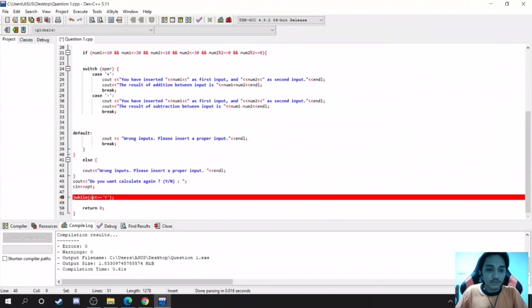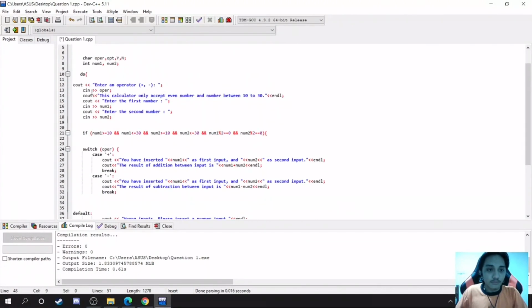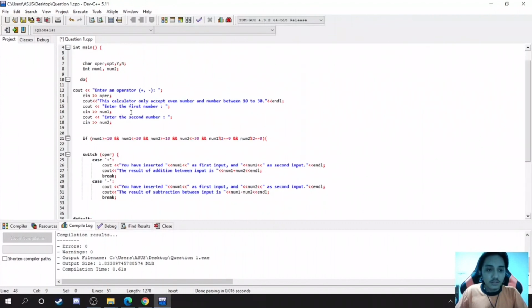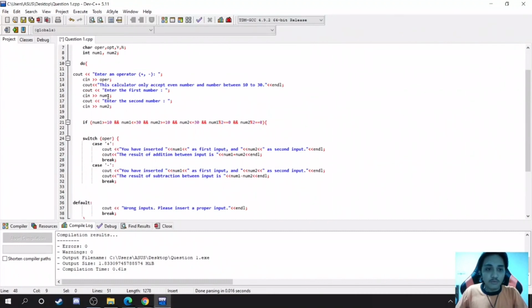First we prompt the user to enter the operator plus or minus sign, and then we inform the user that this calculator only accepts even numbers between 10 to 30, and then we prompt the user for the first number num1, and then the second number num2.